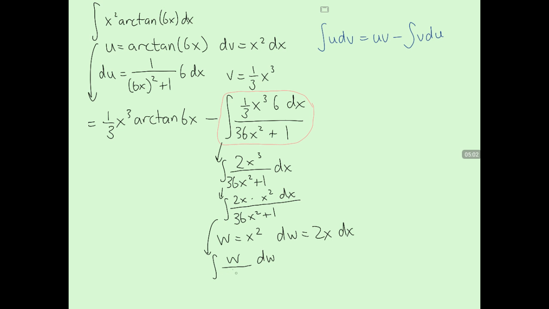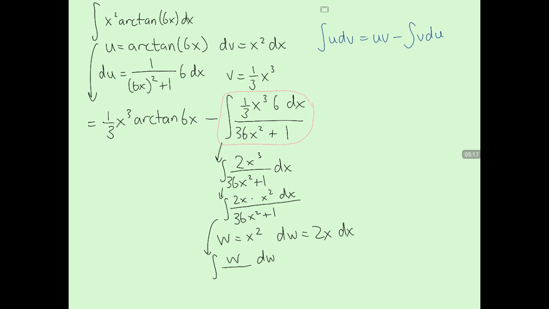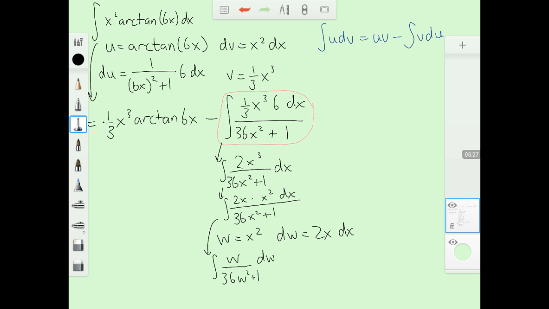Okay. So right now in our denominator we have 36x squared plus 1, which simplifies to 36w plus 1. That's what I meant to write. There we go.